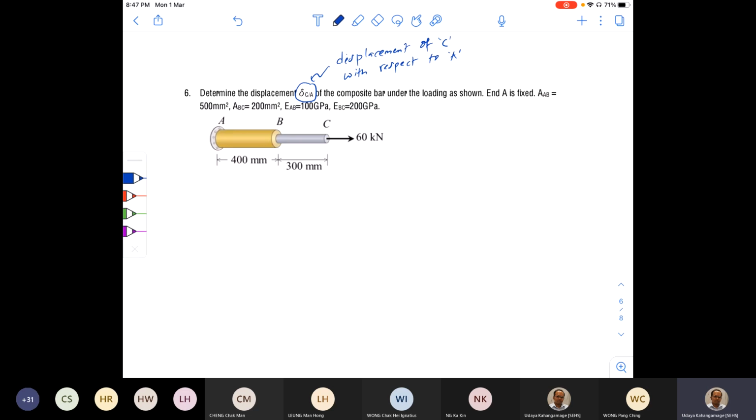Okay. A is fixed. Cross-sectional areas of the AB section and BC are given, and also E AB and E BC are given. That means they are made of 2 different materials. So we quickly write what is given.